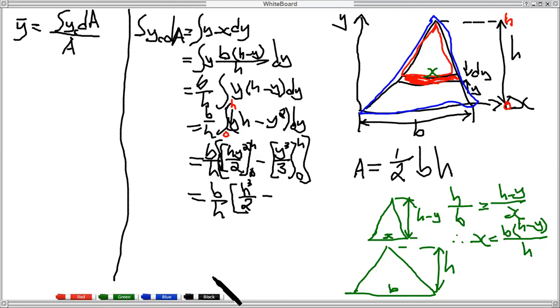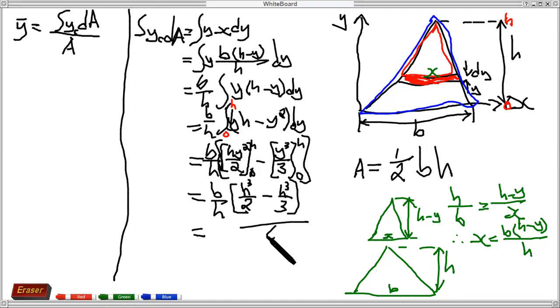Once you have that portion, the same thing again, you substitute that h back in here. You're going to get h to the power 3 over 3. Then you can do this over 6. 2 goes in 6 3 times, so 3 times h cubed, minus 3 goes in 6 2 times h to the power 3.